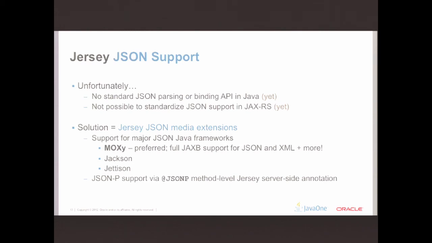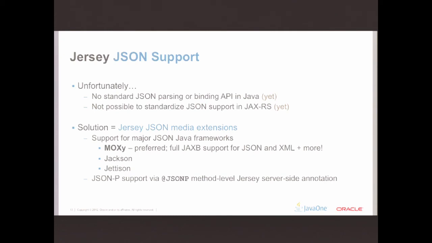Also, another thing that we are adding: early in Jersey 1, if you wanted to provide support for JSON-P, which is the way of sending JSON data as a JavaScript function, so it's basically the name of a function and then all the JSON data are inside, for that you had to create a special wrapper for your data. In Jersey 2, you don't really need to do that.